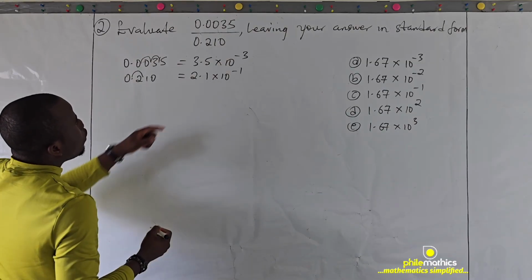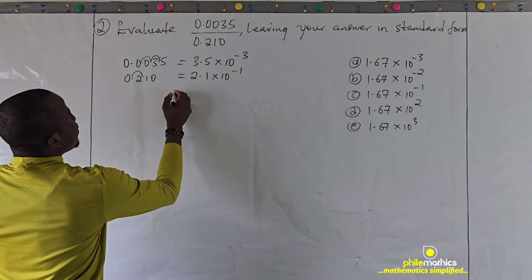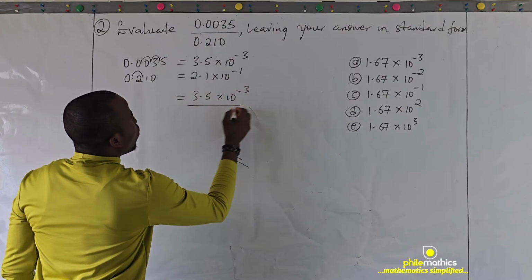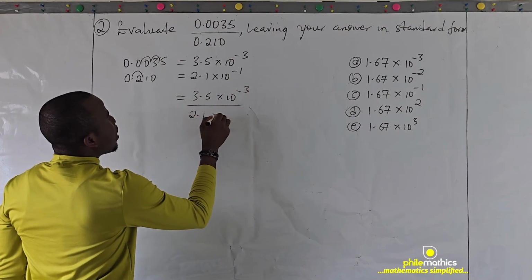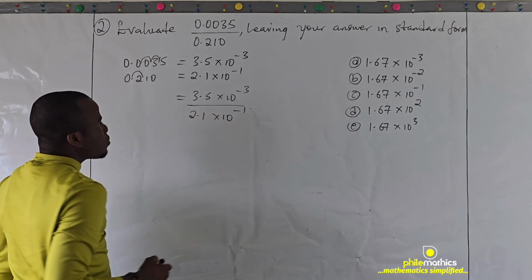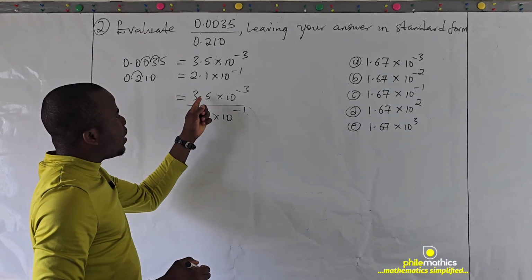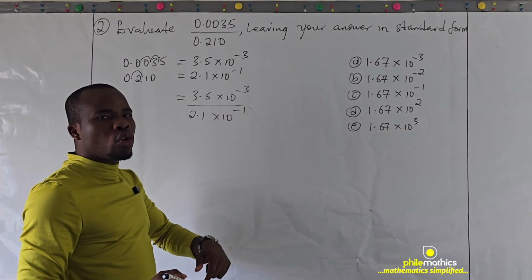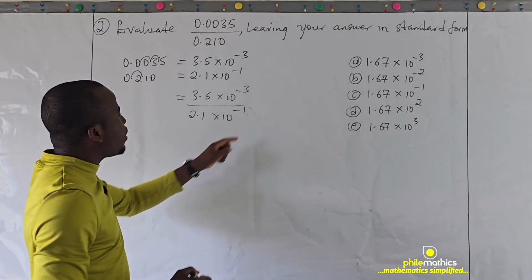And so if you were to divide this, this is 3.5 times 10 to the power minus 3 over 2.1 times 10 to the power minus 1. I can divide this with this separately and then use the laws of indices to simplify this.